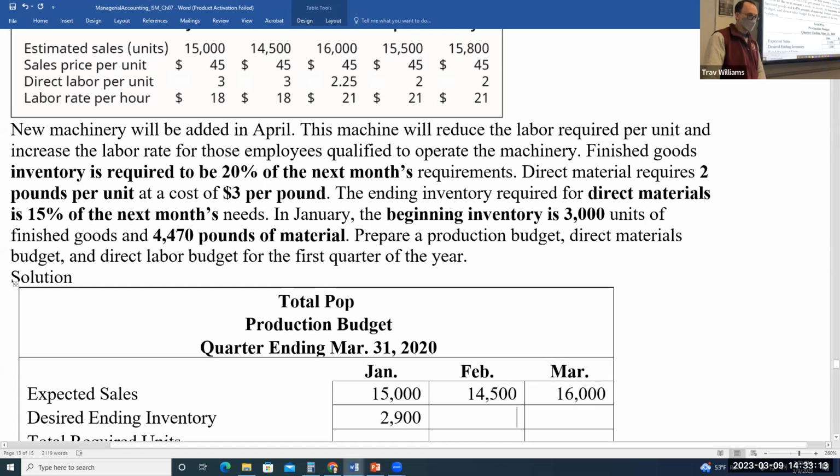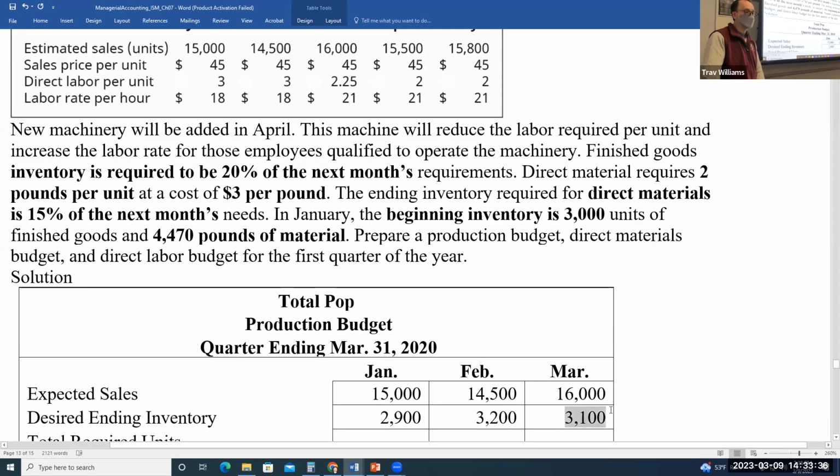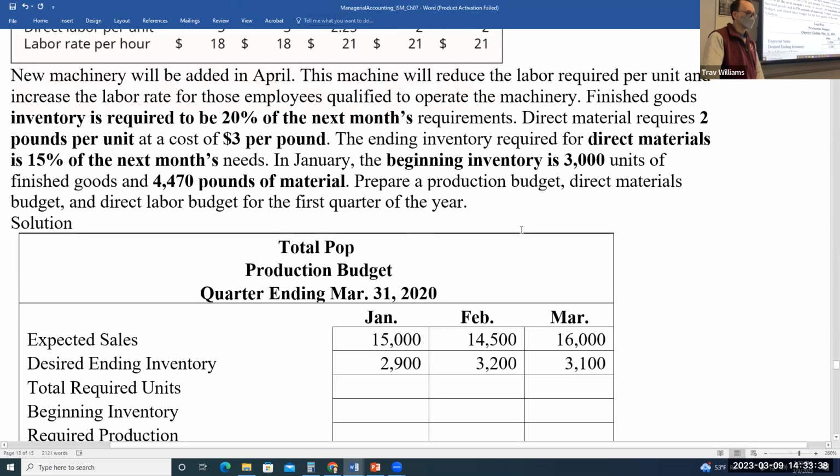And then in February, it'll be 3,200, which is 20% of March. So what's our ending inventory in March? 3,100. And so Drew took April's sales times 20% to get ending inventory for March. Okay, everybody okay with that?